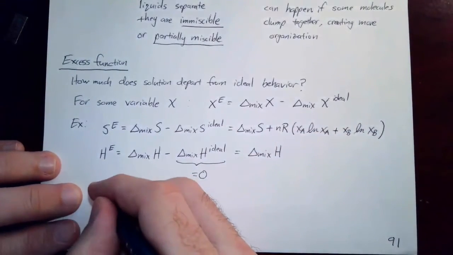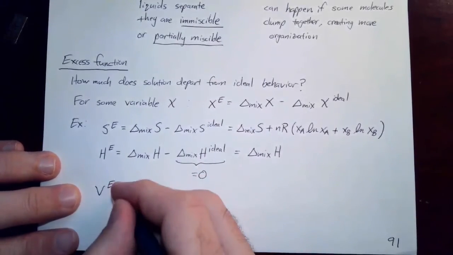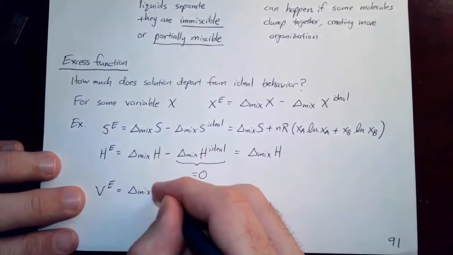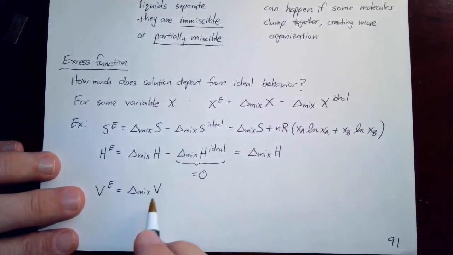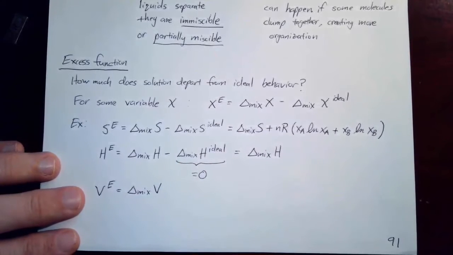And another example that's similar is the excess volume is just the delta mix volume, because in the ideal situation, delta mix volume is 0.